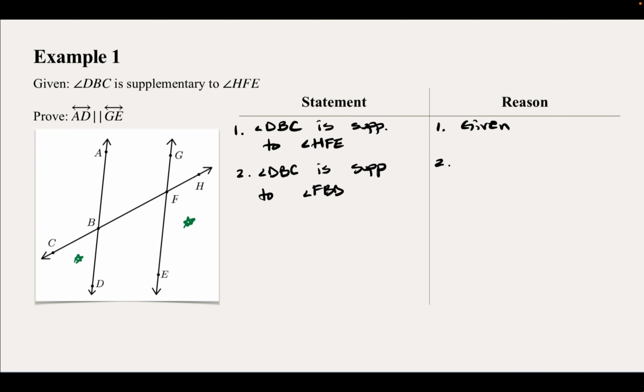Why do I know that they're supplementary? Well, they form a linear pair. We know that if two angles form a linear pair, then they are supplementary. That's the linear pair postulate. So that's my reason.